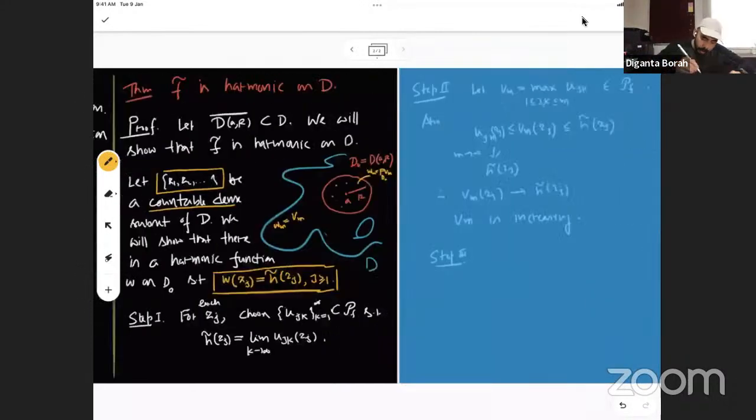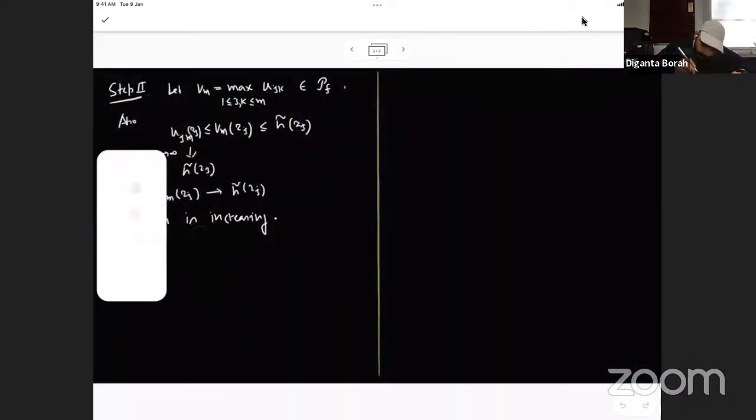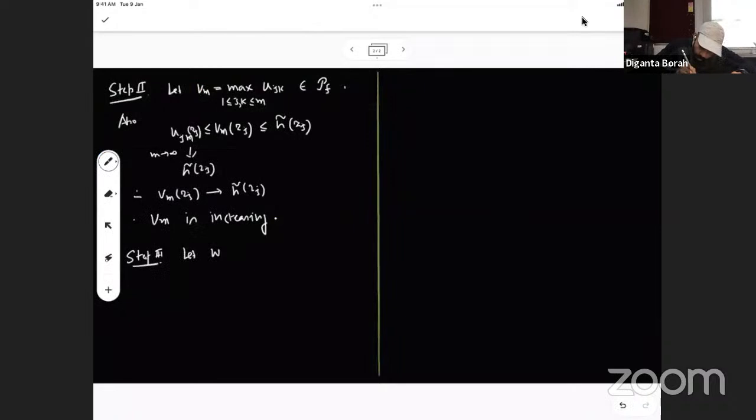So let W_m be the Poisson modification of V_m on the disk D. What properties does it have? First of all, we know that W_m is still in the Perron family. Yesterday we proved this.